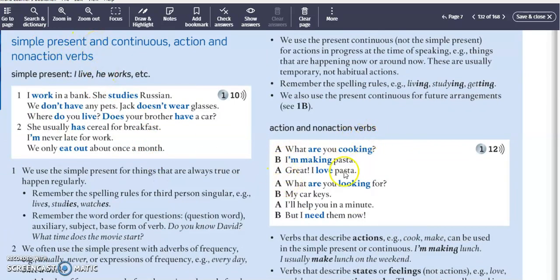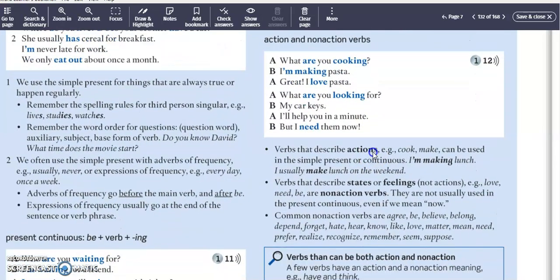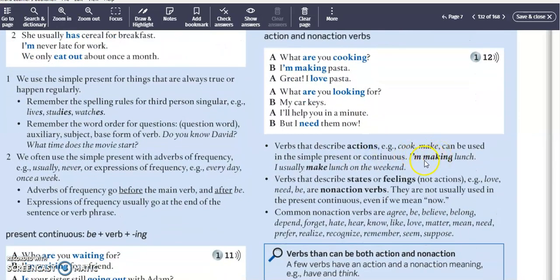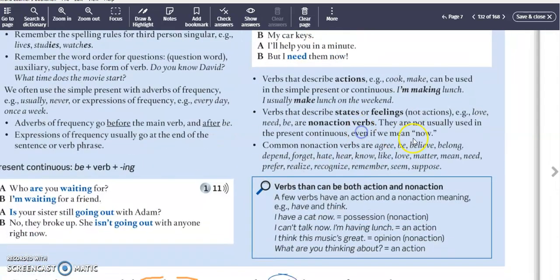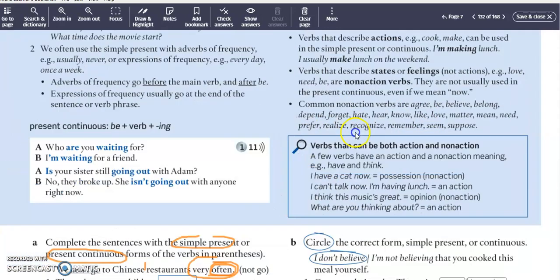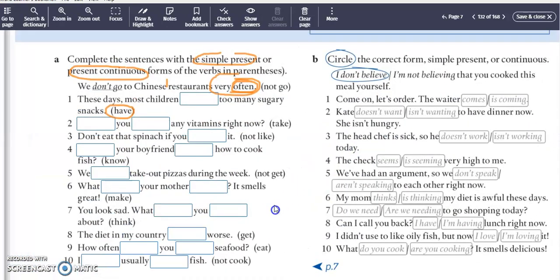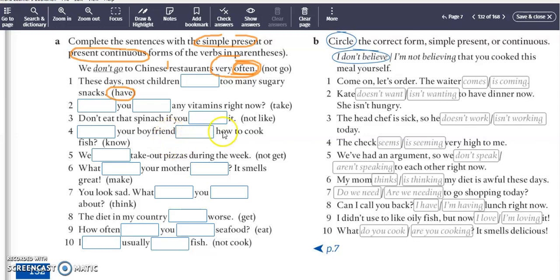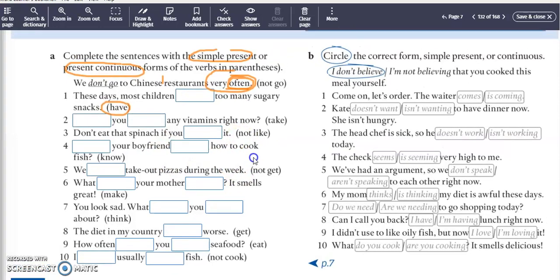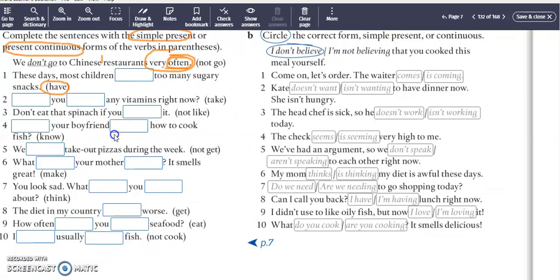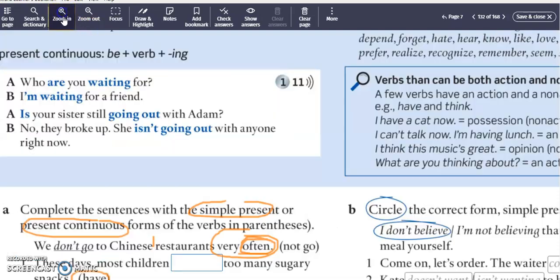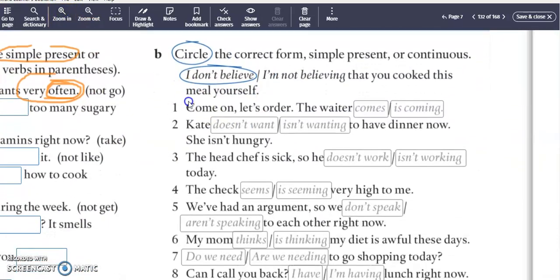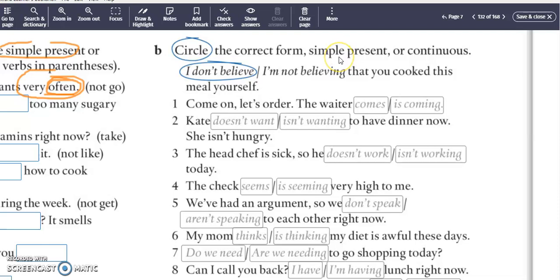We're going to use the action verbs regularly in the ing form, or in the present continuous, but the non-action verbs are not used in the ing form of the present continuous. Okay, so you're going to look at the situation and then answer this. And in part B, you're going to circle the correct form, the simple present or the present continuous.